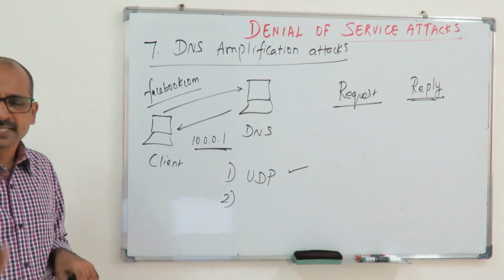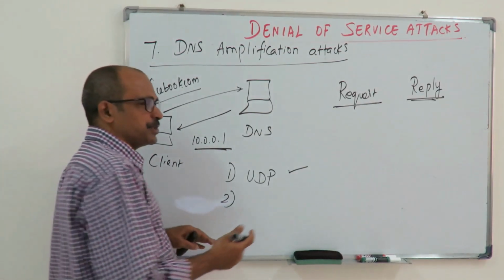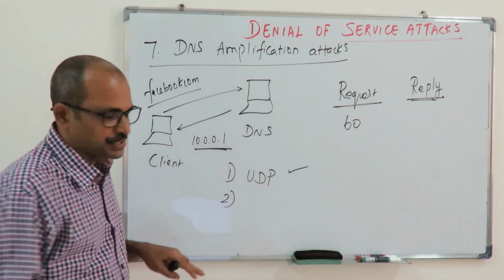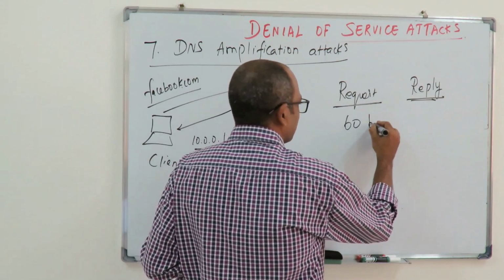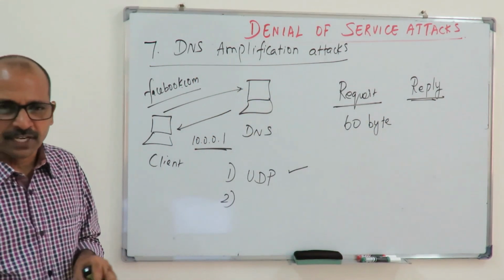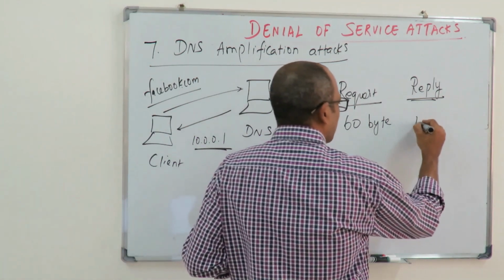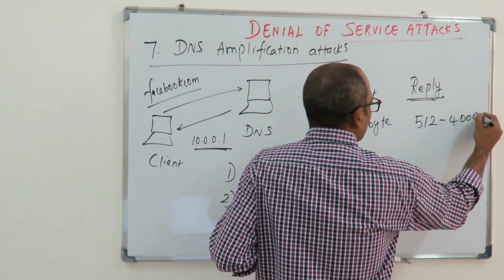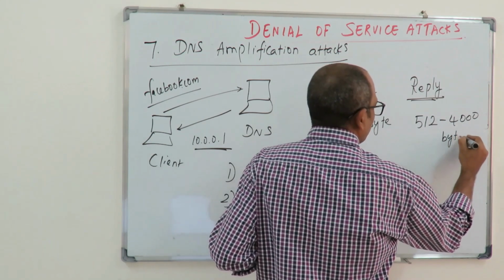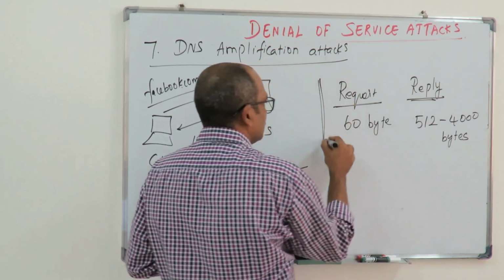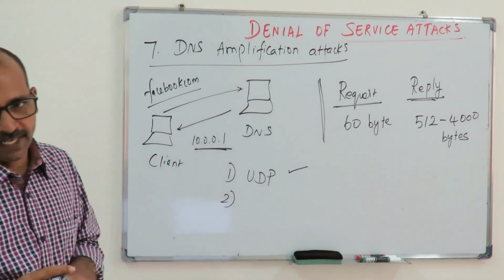The size of your request packet is generally 60 bytes. And normally the reply packet is from 512 to 4000 bytes. This is a very important feature of DNS, and it will be used by the attackers.